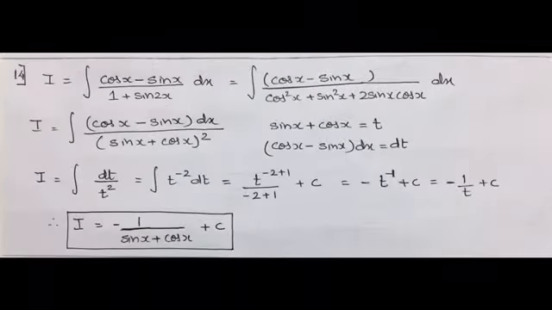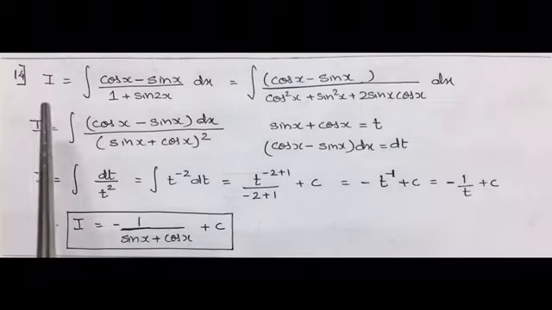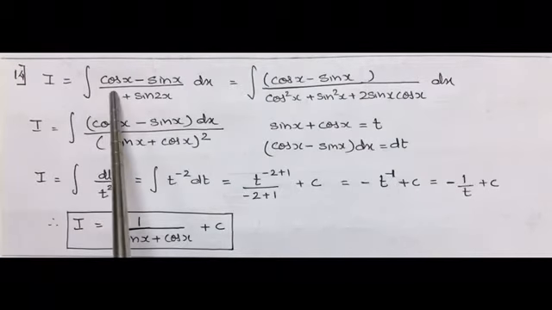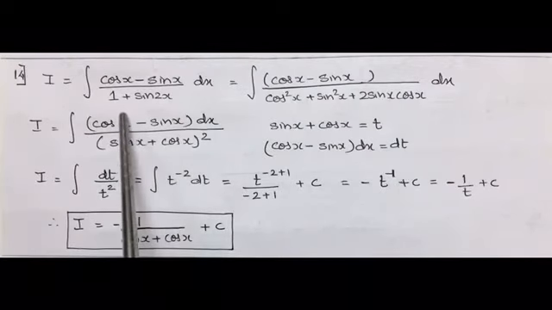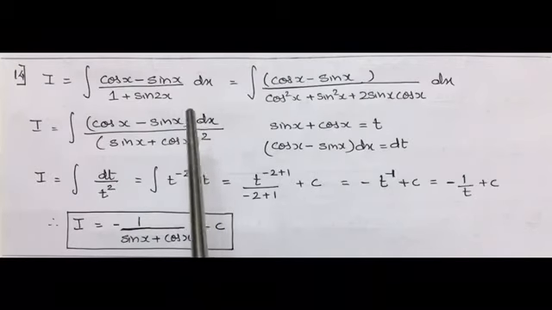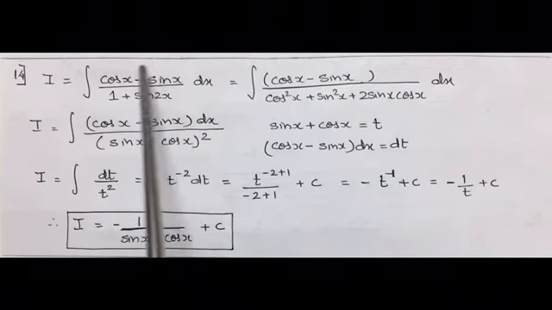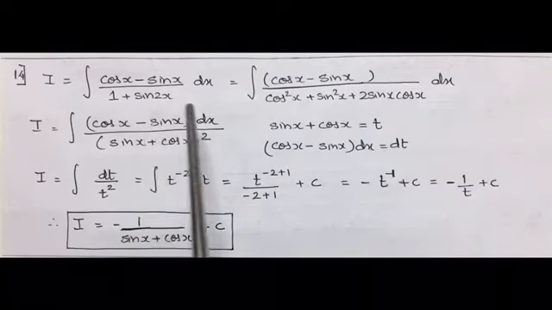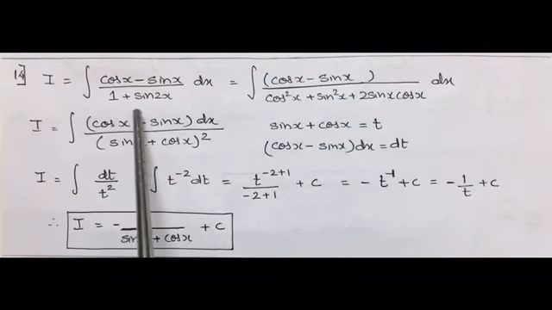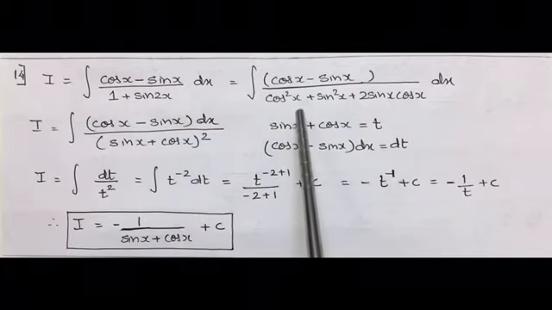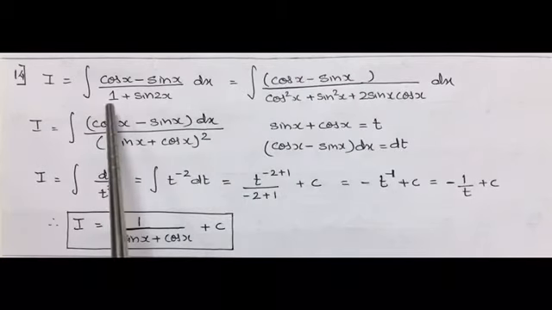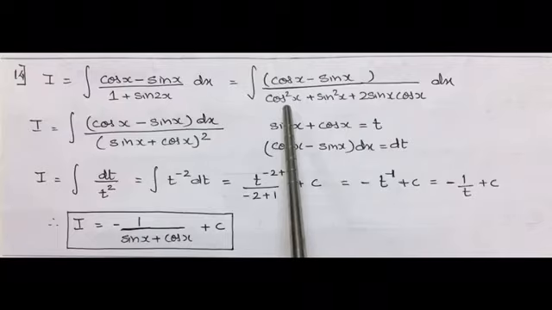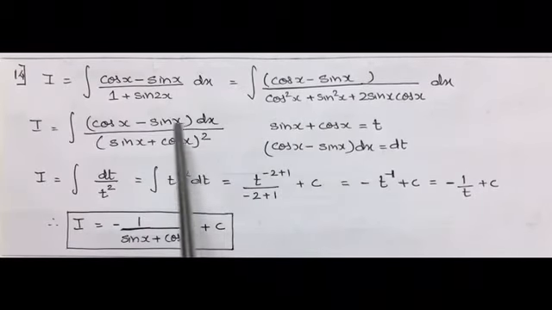14th question is integration of cos x minus sin x upon 1 plus sin 2x dx. Now there is no standard integration which can be directly used here. So 1 plus sin 2x is expressed as, in the place of 1, cos square x plus sin square x.